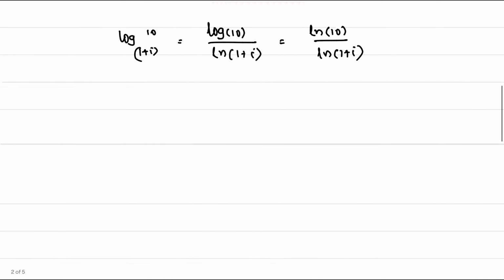Now, what is the question given here? Log 10 to the base 1 plus i can be written as ln 10 by ln 1 plus i. I have already told you many times in my previous lectures to remember the ln values up to 10. That will be convenient for you.